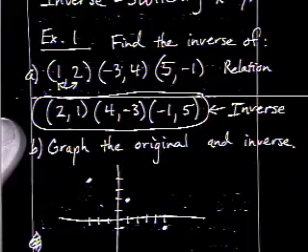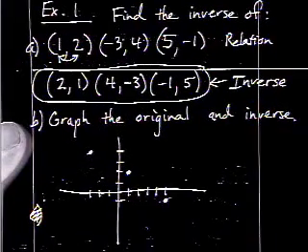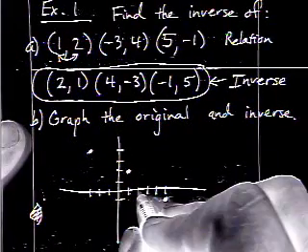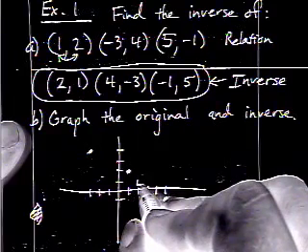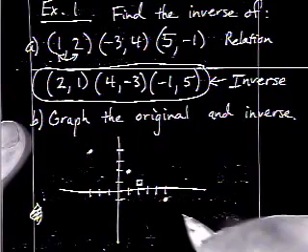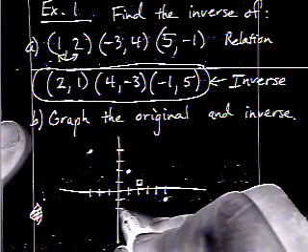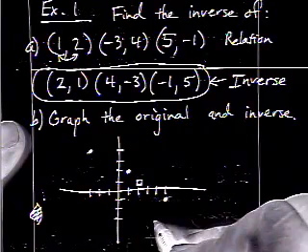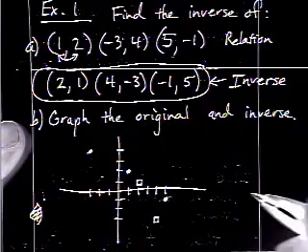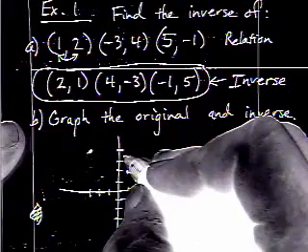Okay, those are my original coordinates. Now, if I graph the inverse, and I'm going to use a box for those: 2, 1, 4, -3, and -1, 5.